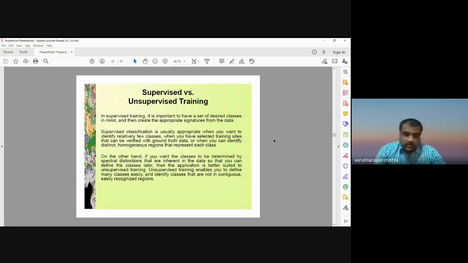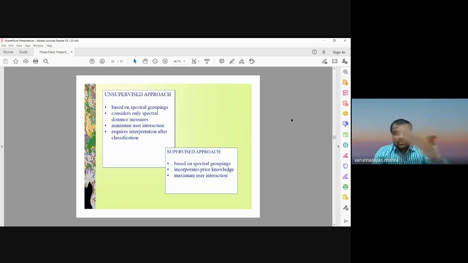The computer automatically categorizes pixels of the same type and creates a number of classes. Then you check the number of classes assigned by the computer against the ground data set, and you can decide how many classes you want to include in your thematic map. So this is the difference between unsupervised and supervised training.